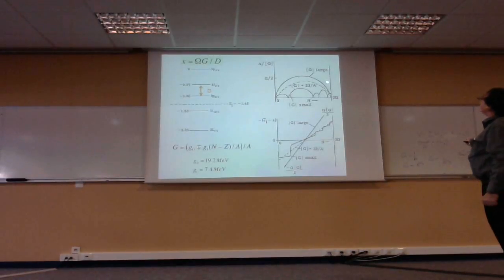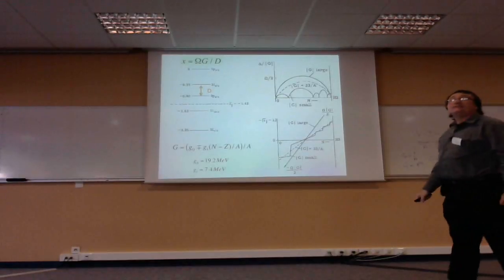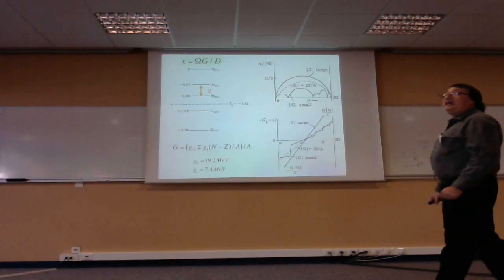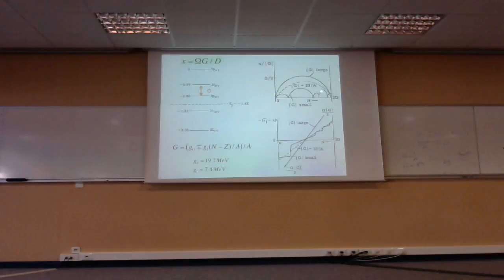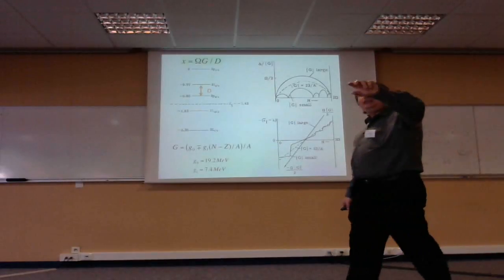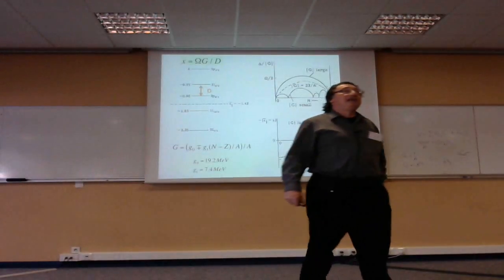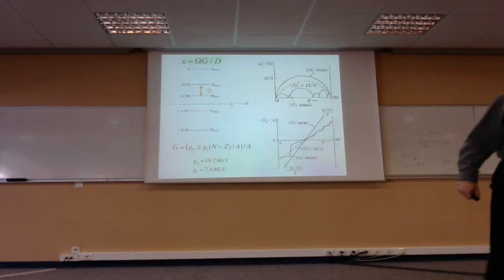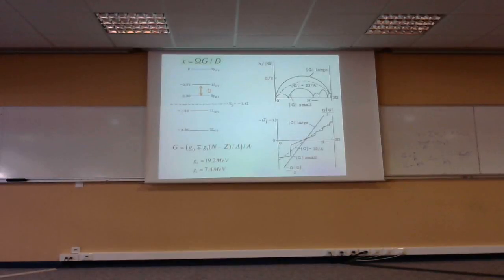They will look all sort of like this, just a big shell. But in nature, with this G of order 20 over A, it looks sort of in between, and you see still some effects that are left over, and we'll see that in the problem tomorrow.